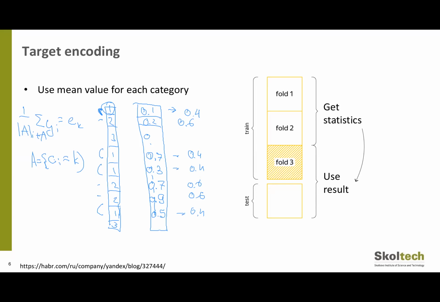But okay, can you name what's the problem with this type of encoding? Can you make a guess? Any ideas?